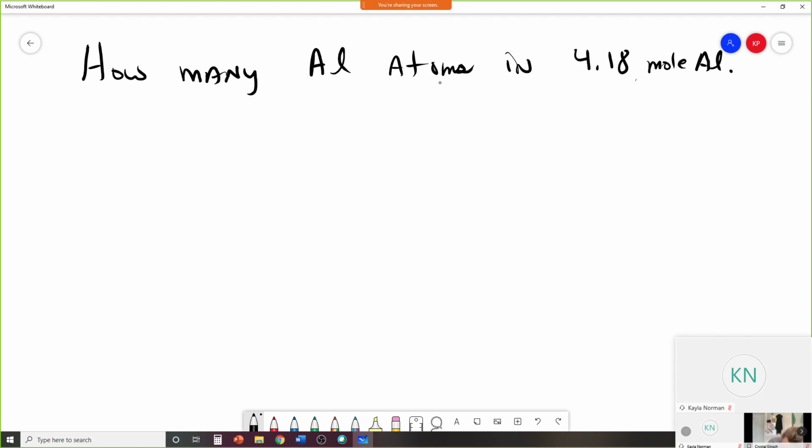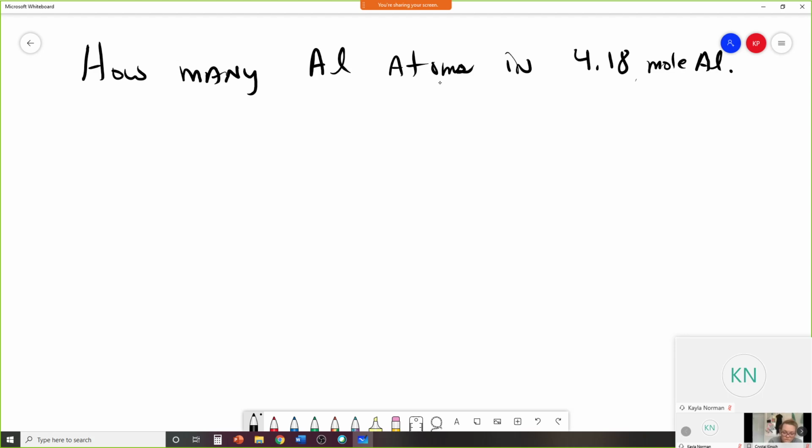There you go. I have to make these things up on the fly. I don't have problems already made up. It's much more interesting to me if I make up the problems as I go along. Okay. So we have this question here, and I want to know how many aluminum atoms are in 4.18 moles aluminum.